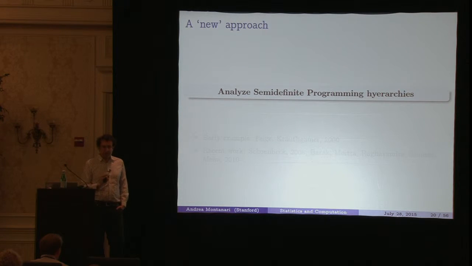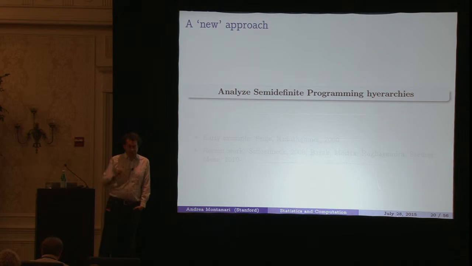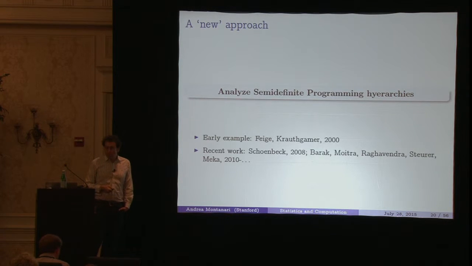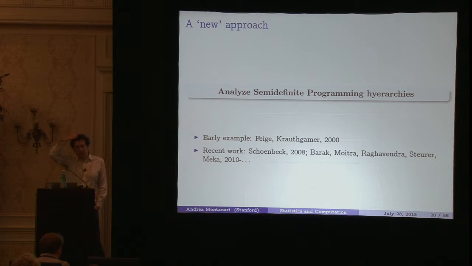Okay, so this is an alternative or complementary approach: analyze semi-definite programming hierarchies. These are hierarchies of convex relaxations that are considered extremely powerful. I put "new approach" in quotes because it is kind of old.